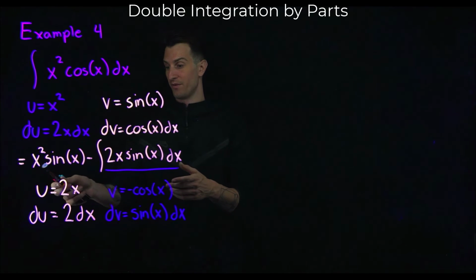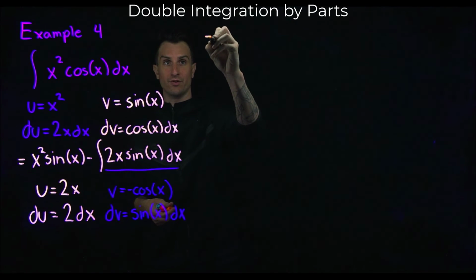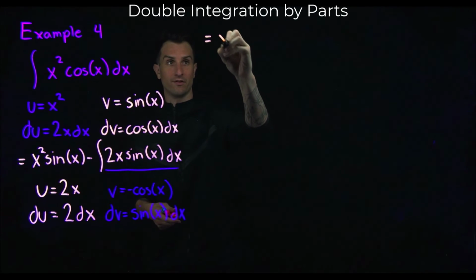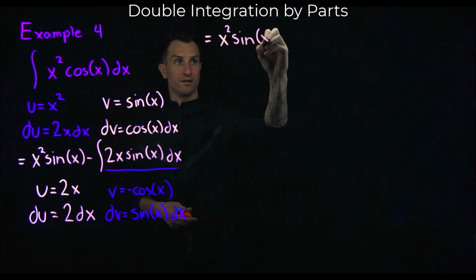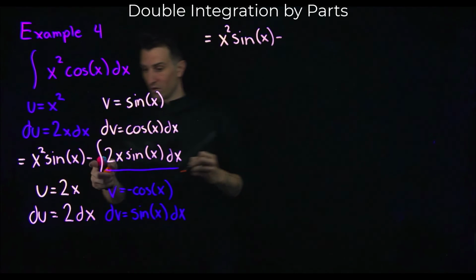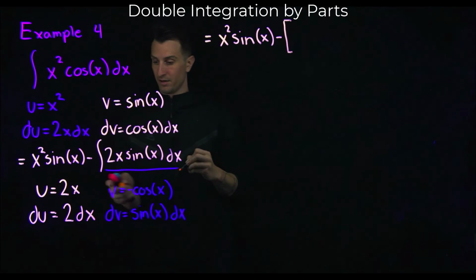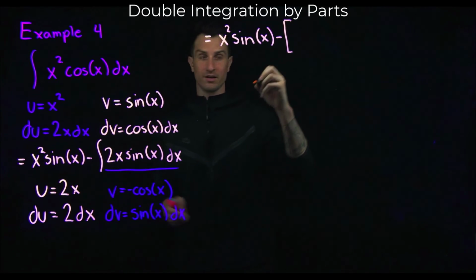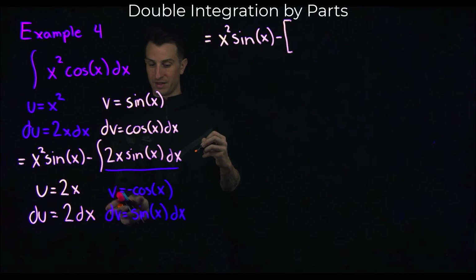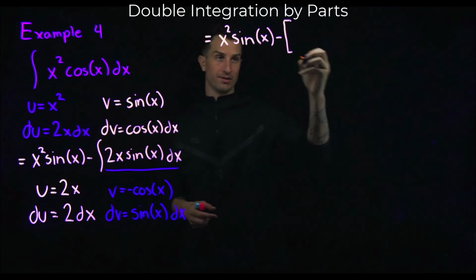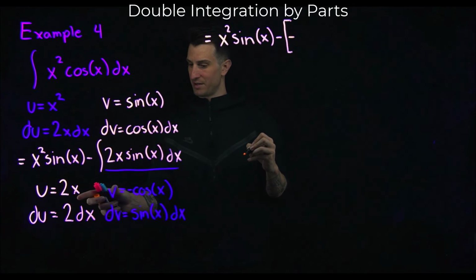So starting with our very first term, don't forget about it because we still need it. So this is now equal to x squared sine of x minus, and now in brackets or parentheses, whichever you prefer, we have uv again. So this is going to be 2 times a negative cosine of x, so negative 2x cosine of x, let's make sure I'm not messing anything up.